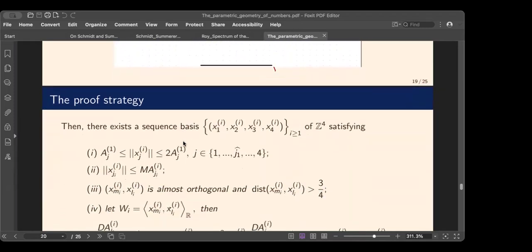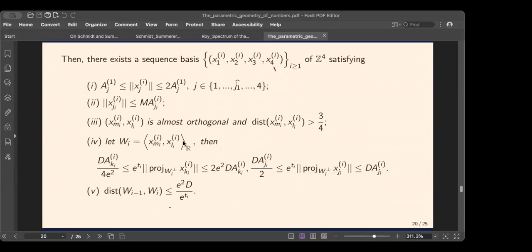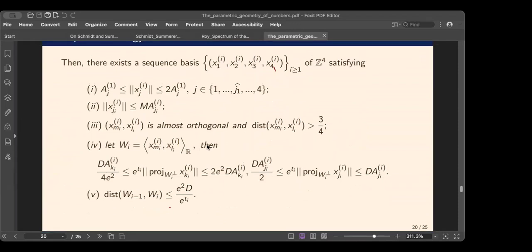So in each step, we need to construct a basis of Z4 satisfying the following condition. But each of these bases should have the vector close to the template.